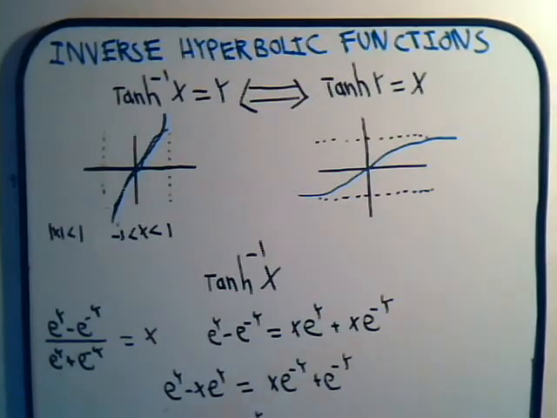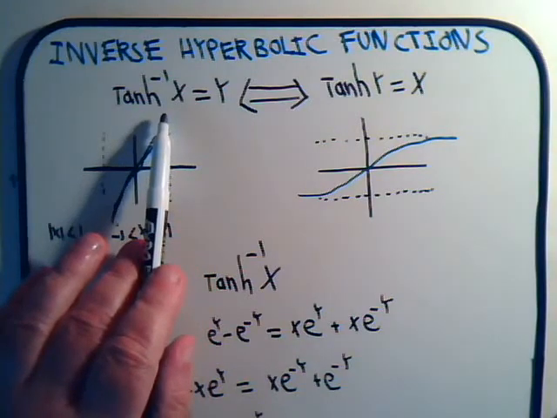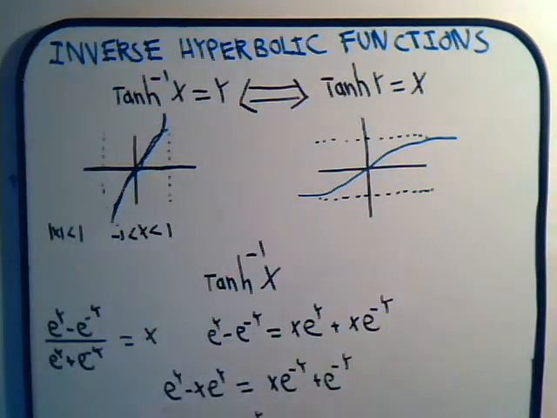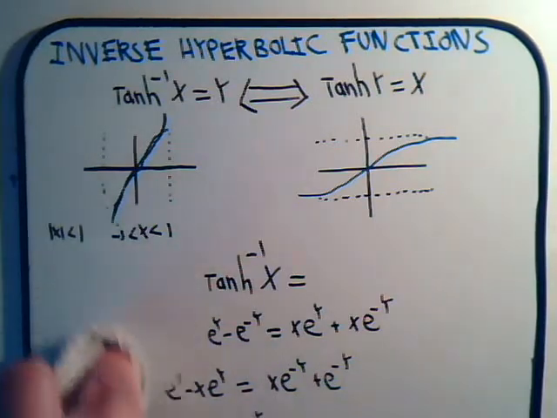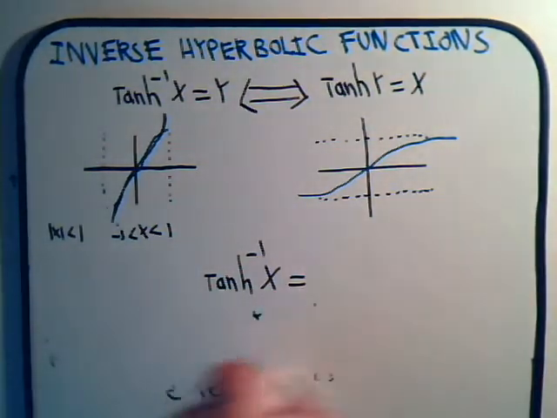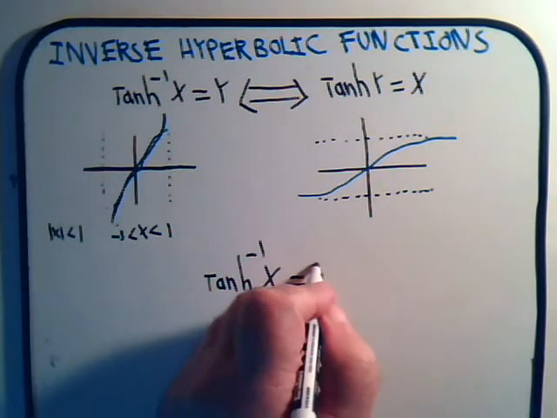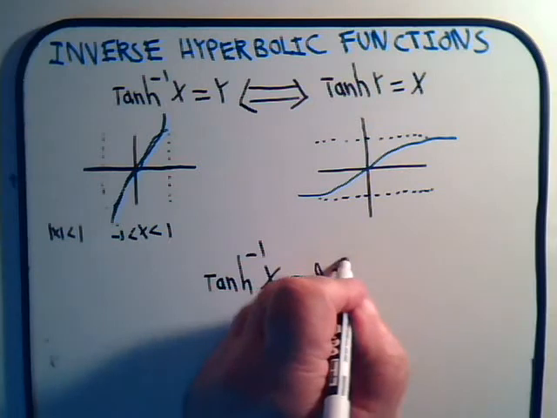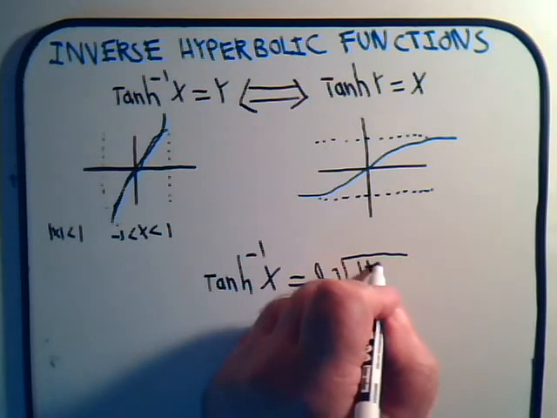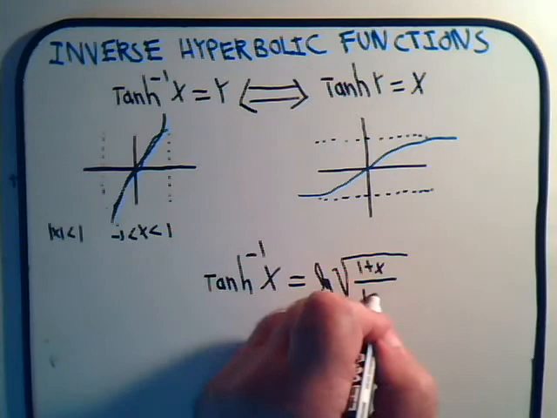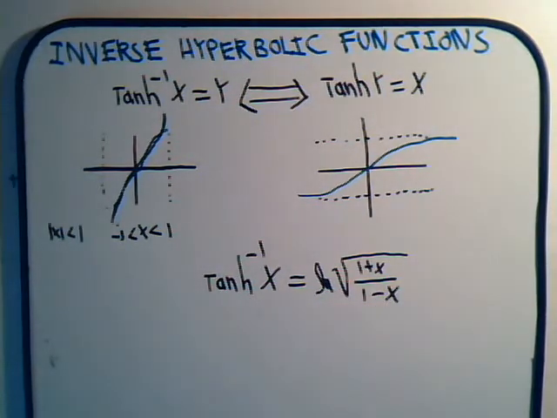But y itself can be the inverse hyperbolic tangent of x. So this equals the natural log of the square root of 1 plus x divided by 1 minus x.